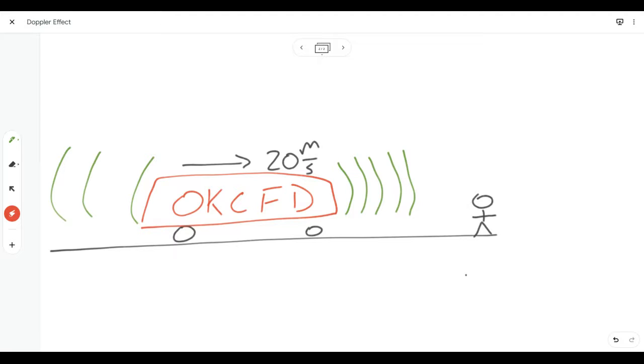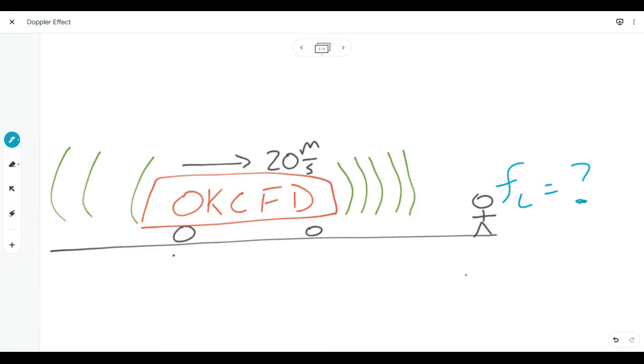So let's take a quick look. This is our person. Let's say that this is you. We've got this fire truck heading towards you at 20 meters per second. We'll take a look at how to use the equation to figure out what frequency you would be hearing if you were right next to the road and the truck was coming your direction. So frequency of the listener, we don't know. We'll try to find that out.